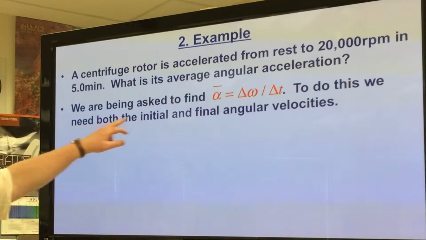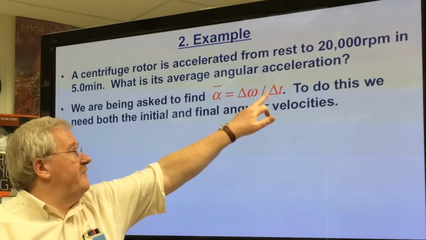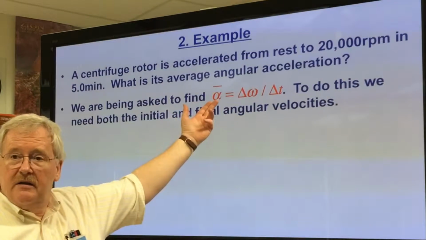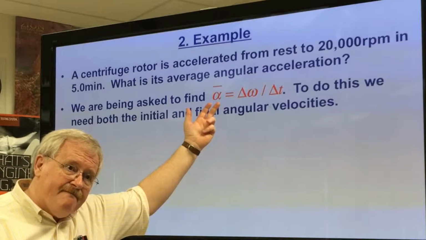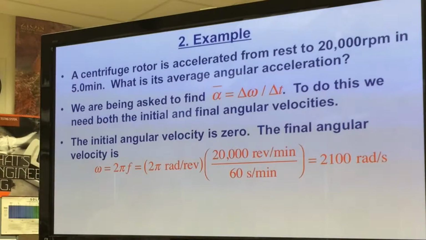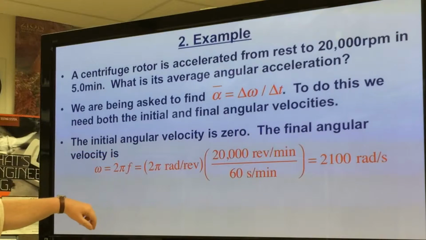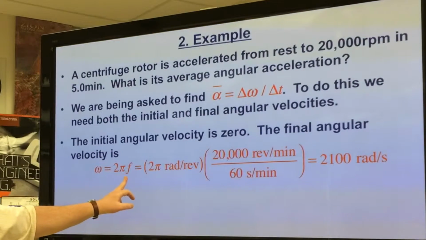We're being asked to find the average angular acceleration, which is the change in angular velocity divided by the change in time. That's exactly equivalent to the average linear acceleration, right? The initial angular velocity is 0, and the final angular velocity is given by this. Omega equals 2 pi f, where f is the final frequency.